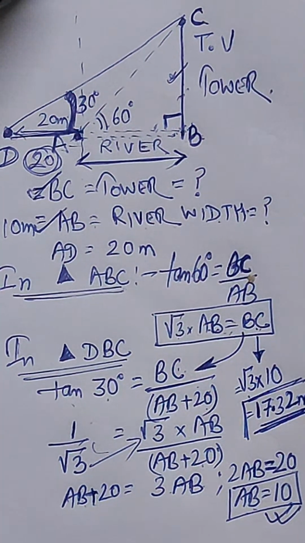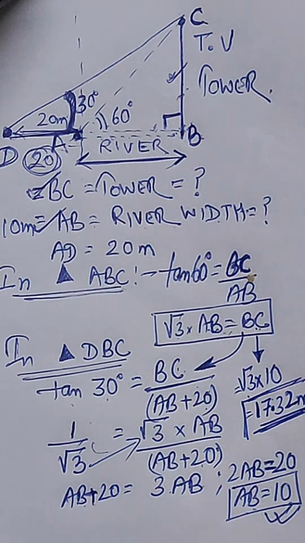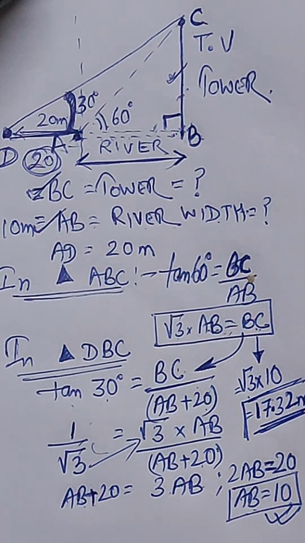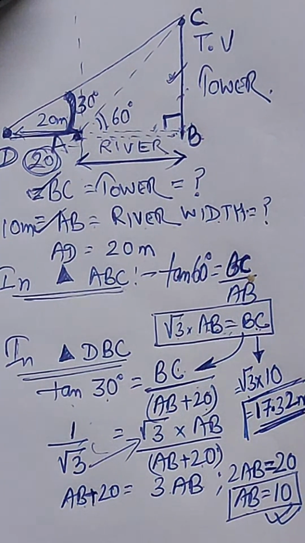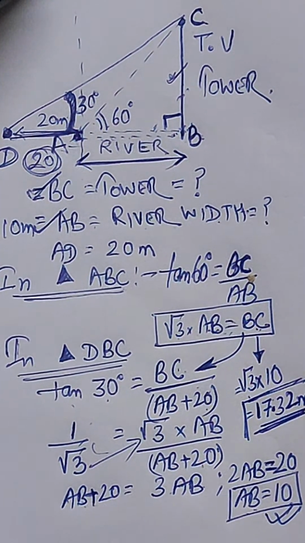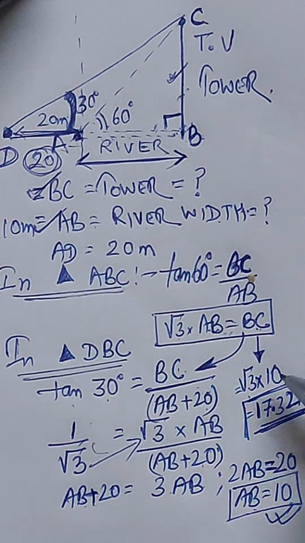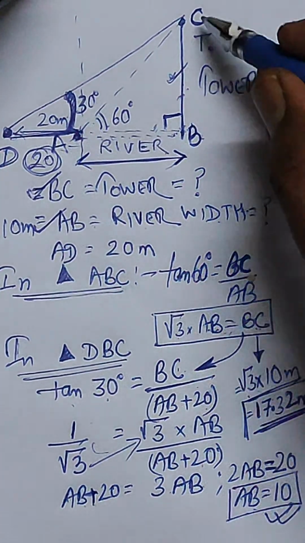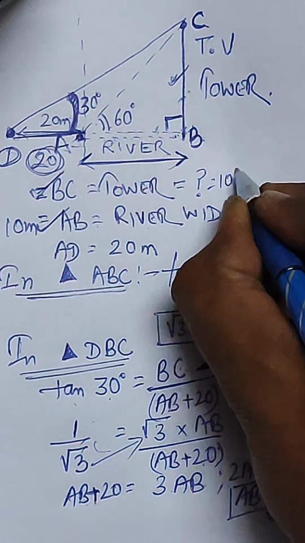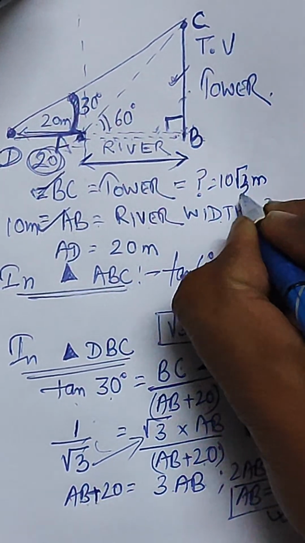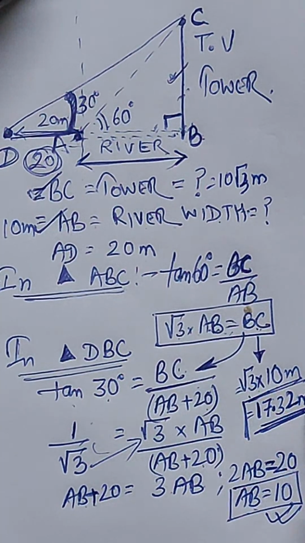This is a question from NCERT. Let me match the answer once. Yes, it's perfectly right. 10 root 3 meter is the height of the TV tower, which we have calculated as 17.32 meter.